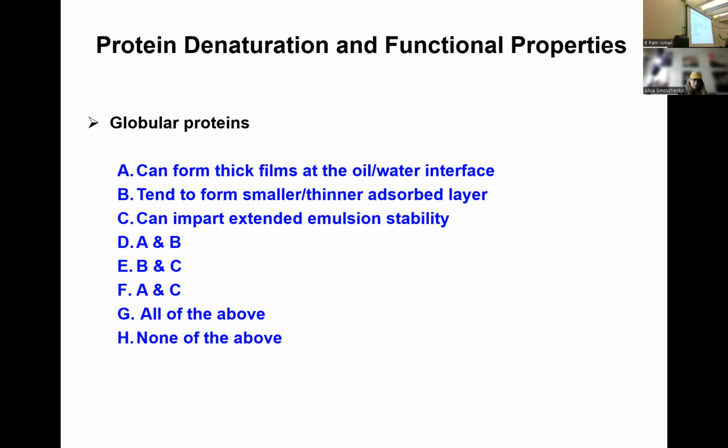This might have suffered from stability, because thin films will tend to coalesce and fluctuate and then separate, more than thick films that will have a lot of repulsion and steric hindrance with another oil droplet. So the thicker the film, the better stability you have for your emulsion.